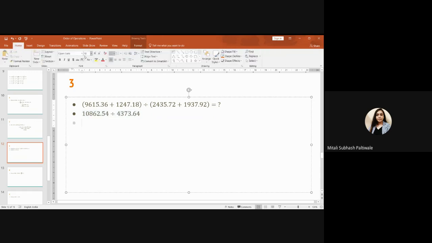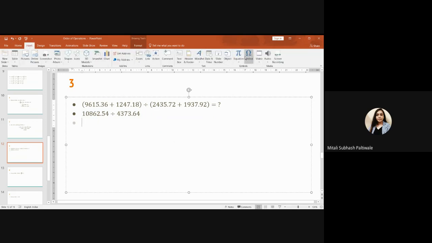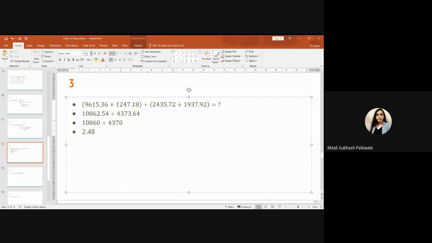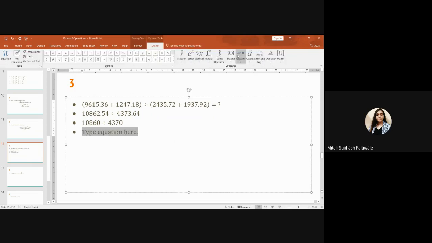Okay, now which is equal to 10860, sorry, 10860 divided by 4370, which is equal to 2.48, and we have to take the approximation, which is nothing but the approximation sign is here and 2.5.